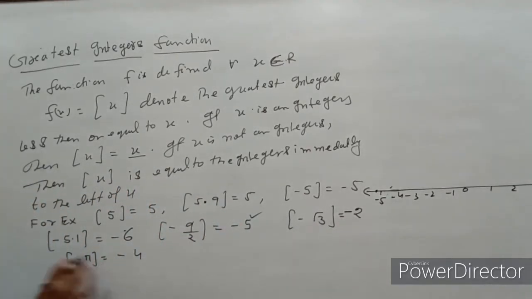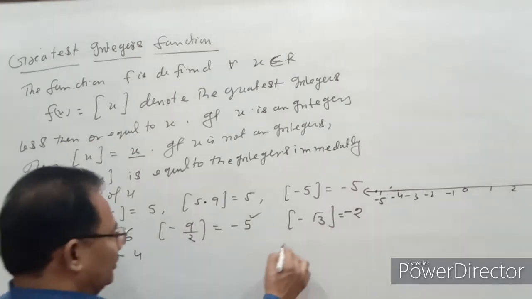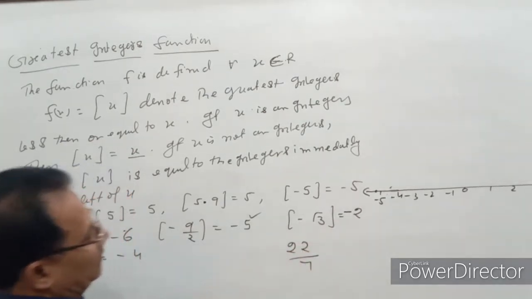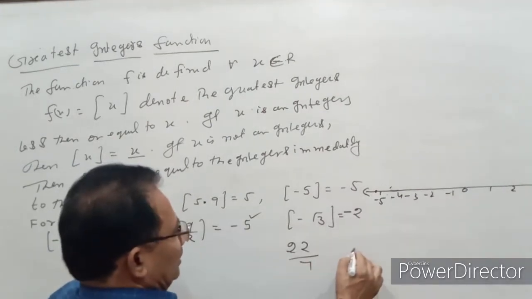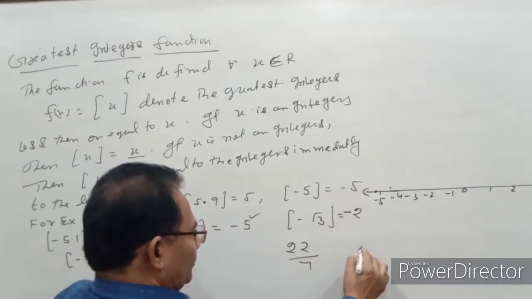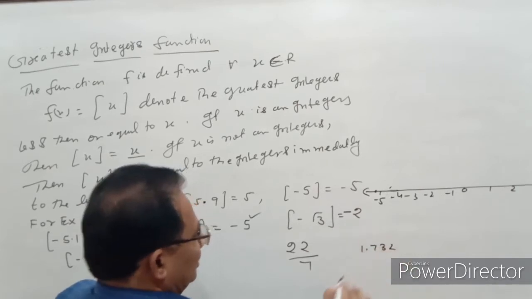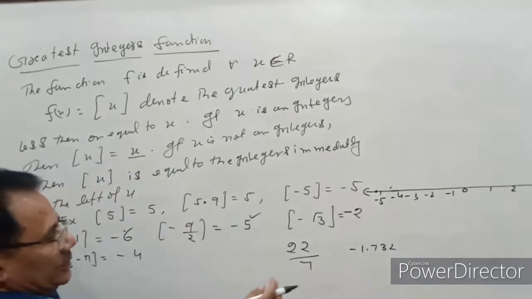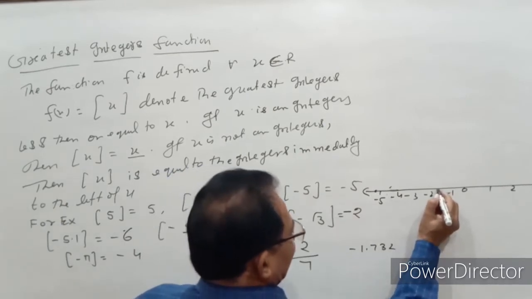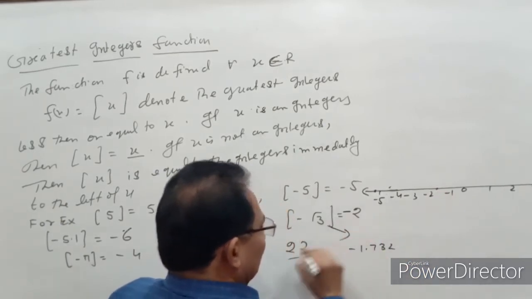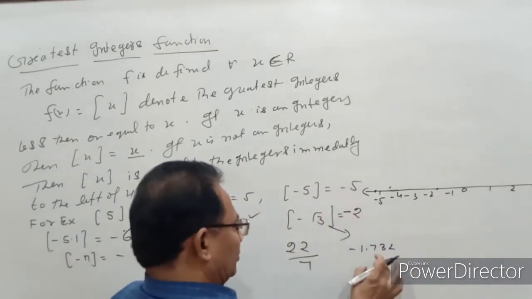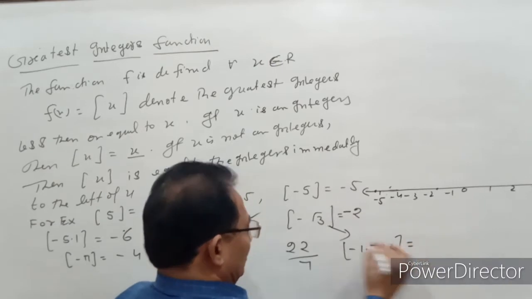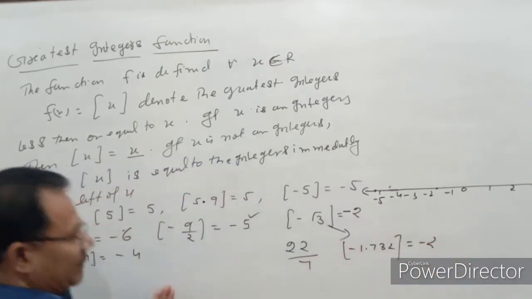अगर हम लोग देखें यहाँ पर, root 3 is 1.732, and minus 1.732, so the left integer of minus 1.732 is this, here ये है ना। So therefore the value of minus root 3 should be equal to minus 2, just the left integer.